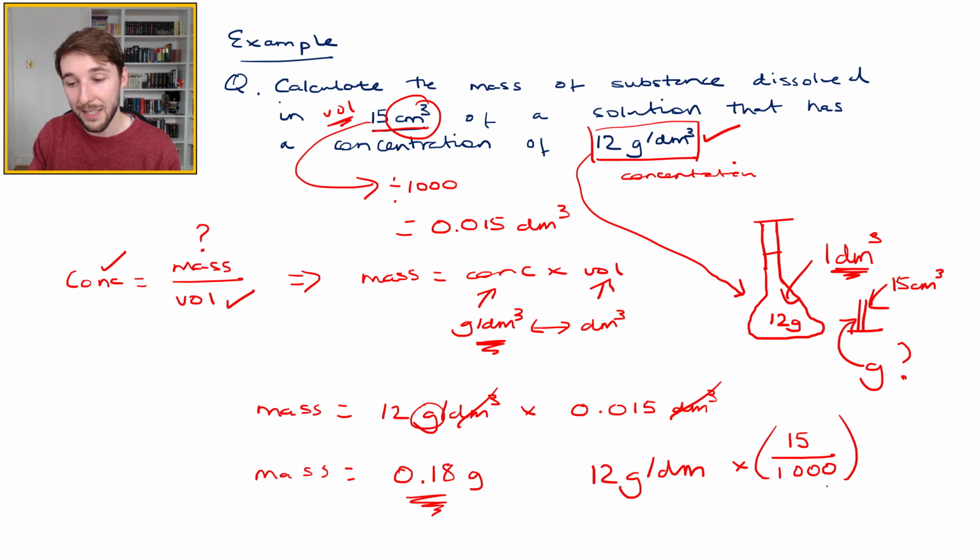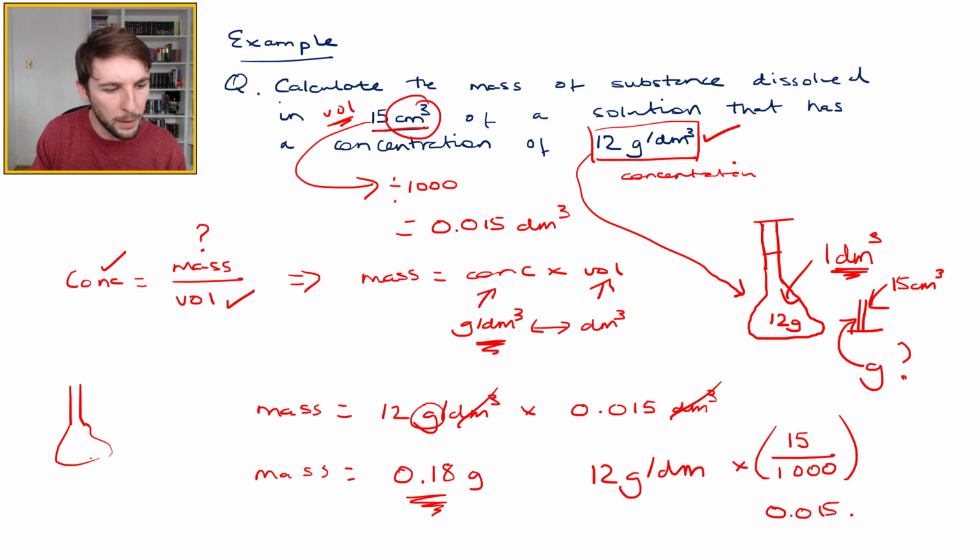That number there is the same as 0.015. So I'm just multiplying it by the fraction of it that I took from the whole. So let's say, for example, you've got a stock solution that has a volume of 250 centimeters cubed.